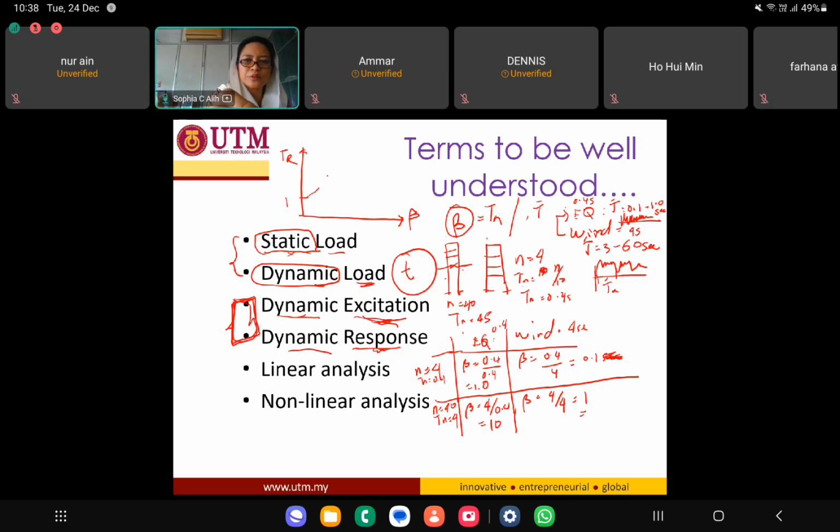My curve is going to be something like this. And this is beta equal to 1.0, and this is 0. And this is dynamic amplification factor equal to 1.